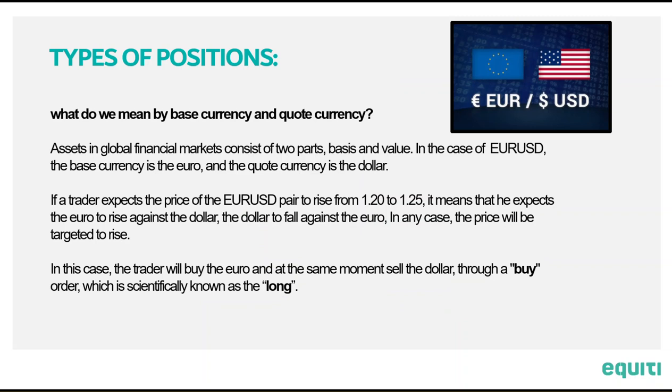And now let's talk about the types of positions that we can take. So as a new trader, you will understand that there are two things in Forex trading: the base currency and the quote currency. These are the two currencies involved in a currency pair, and they represent the two currencies being exchanged in a trade. The base currency is the first currency listed in the currency pair, and it is the currency being bought or sold.